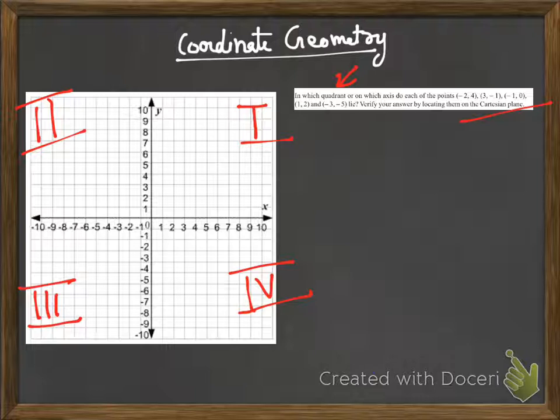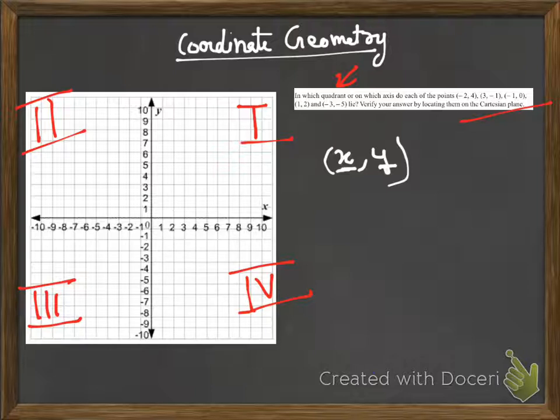So let's start with the first point. The first point we have is (-2, 4). Before we do that, I would also like to help you recall that all points are effectively written in the form (x, y). This is the x coordinate and this is the y coordinate of the point.